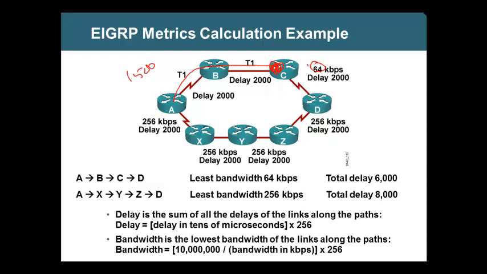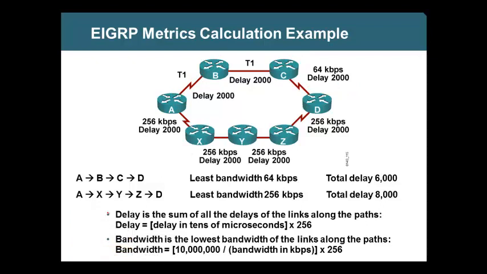So when you consider 64 and send, this can easily process, this can easily process, even this can easily process. There won't be a bottleneck. That is why it considers only the slowest link bandwidth.